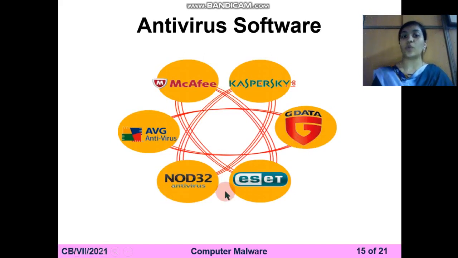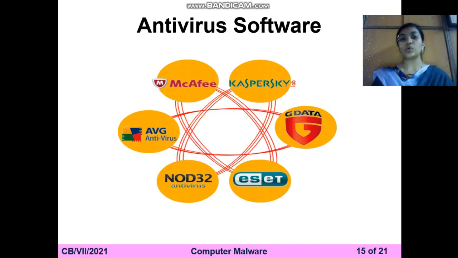These are the most commonly used antivirus examples, and Quick Heal is also used for scanning your computer and your mobile. Both are different applications: for Android there is one application, for Windows there is another.